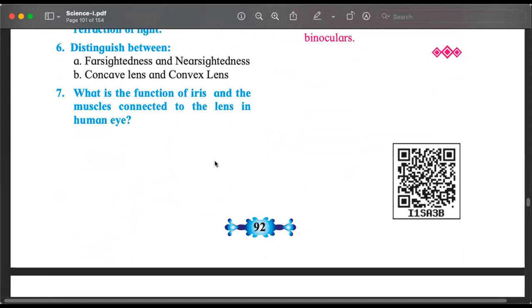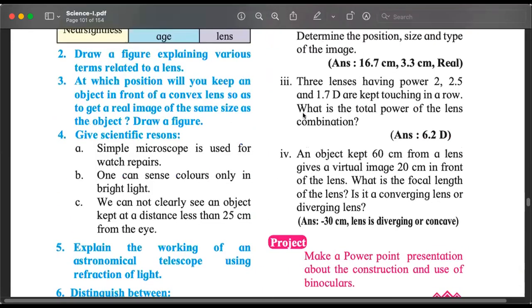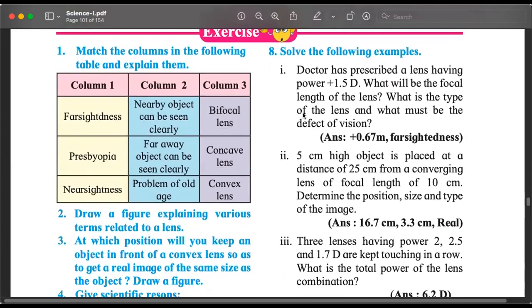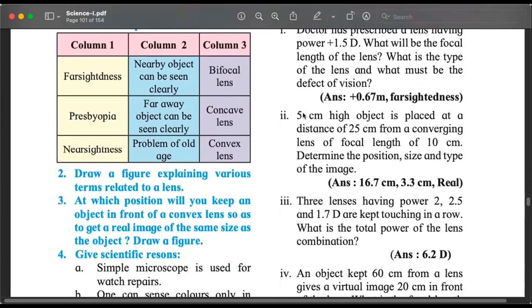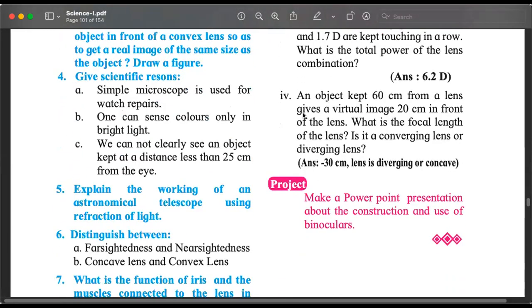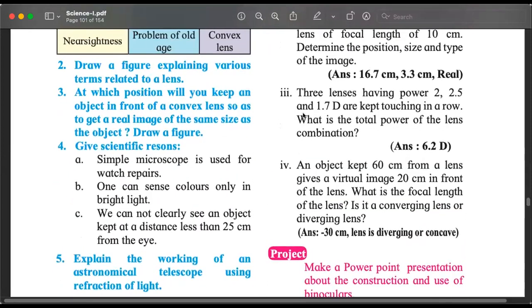One is a converging lens, one is a diverging lens. 6B, we can answer. Question number 7 is about the eye. This is more biology and less physics, but it is in this chapter, so we can't answer now. Number 8, these are numerical questions which we haven't studied. We will be able to answer these questions after the next class.